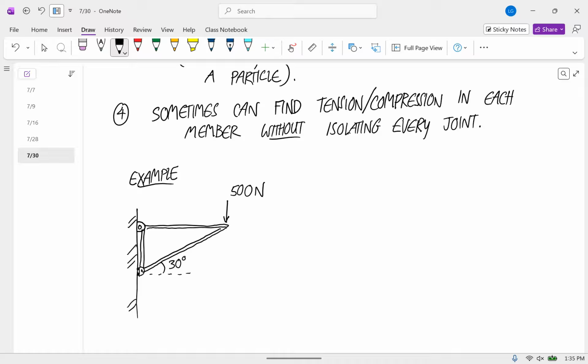And we are going to neglect the weight of these members. And we want to solve this structure, which means we want to find all the external loads acting on each one of these bodies.